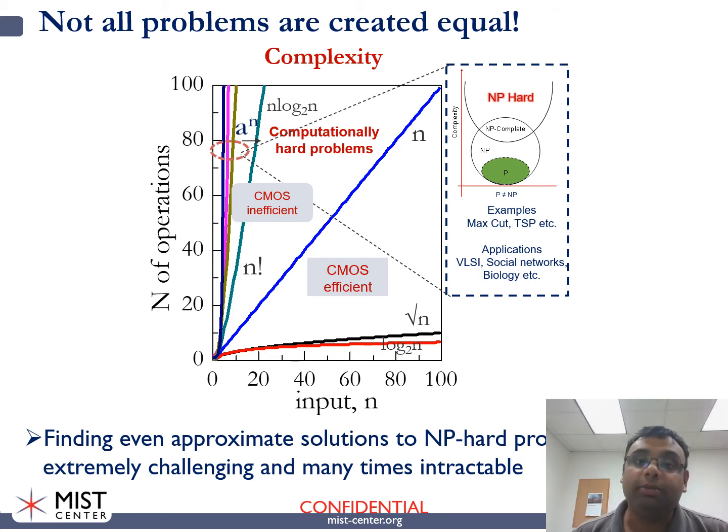But the bottom line being that NP-hard problems are ones which have this exponential time complexity, and these are the ones that essentially become intractable to solve as the problem sizes increase.